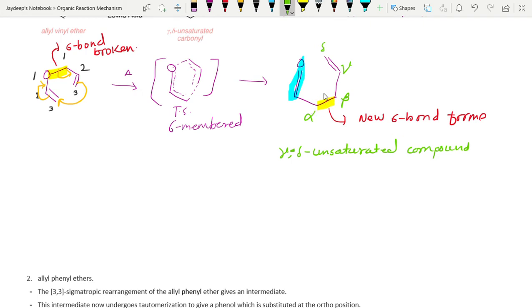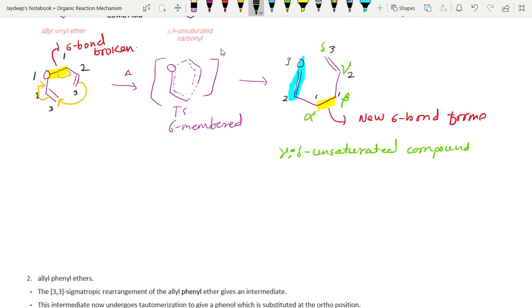In this case, if we look at the numbering system in the product, it should be like this: this is 1, this is 2, and this is 3, and similarly this is 1, 2, 3. So the position of these particular groups, in the previous case, is at the 1,1 position.